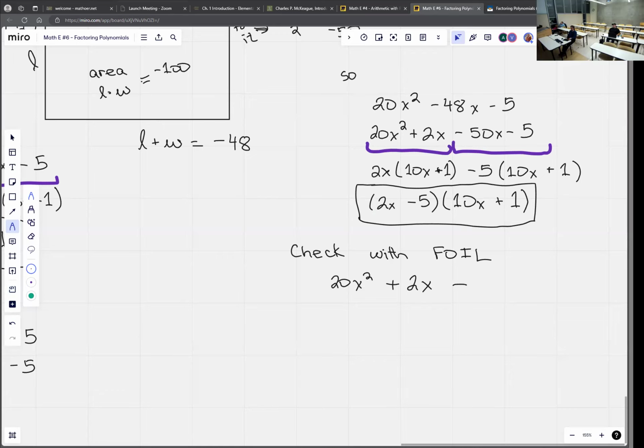Then the inside part, negative 5 times 10x, negative 50x. And the last parts, negative 5 and plus 1, negative 5.